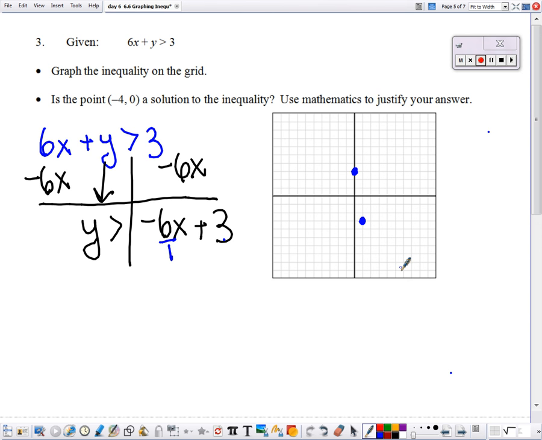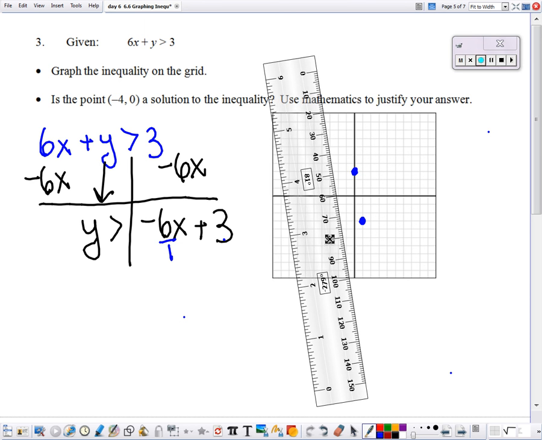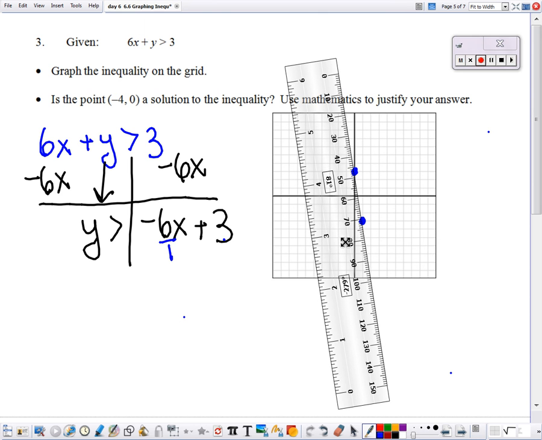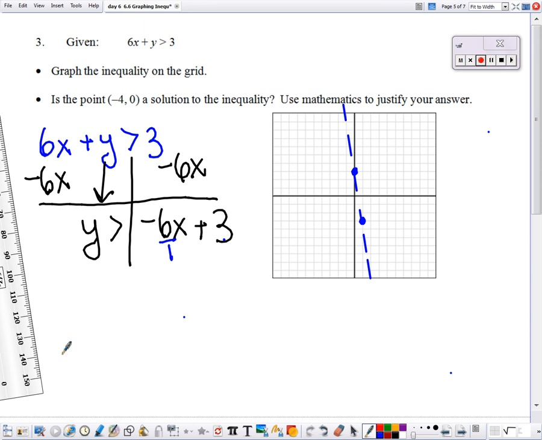When I connect my dots, I'm going to use a dashed line. Here, I got my ruler out to make it easier since it's so steep. You should use the side of your calculator to connect the dots. So here I'm going to connect with a dashed line. And the symbol is pointing to the right, the bigger part's with the y.